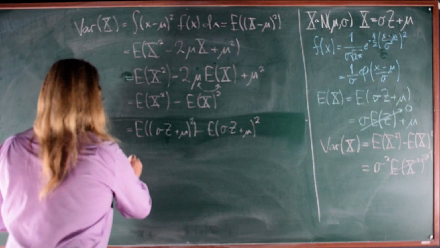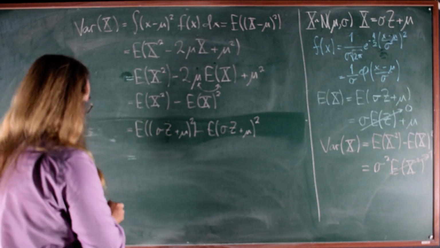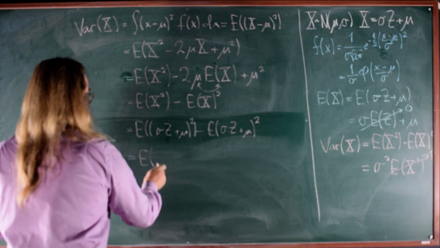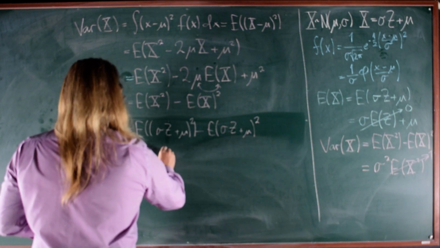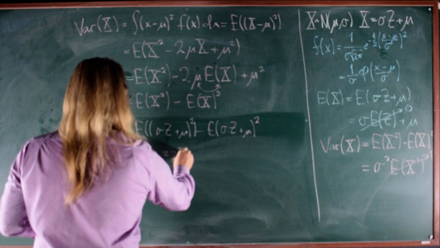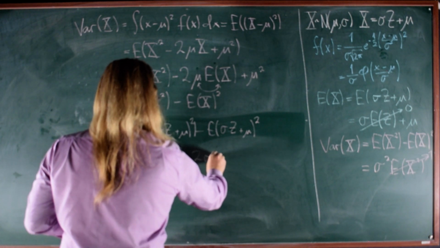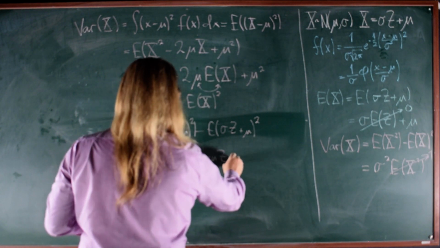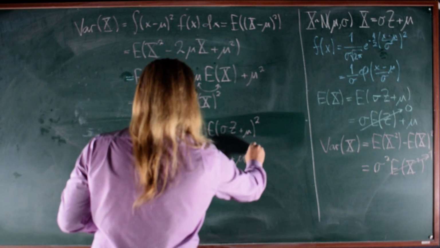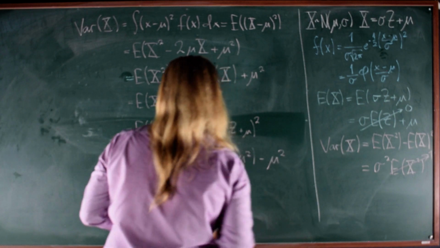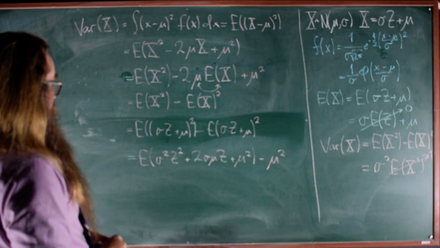All right. So again, we have this green result partially, and then we have the same expansion as we did previously. So this is the expected value of sigma squared z squared plus 2 sigma mu z minus mu squared. I may be doing this way more complicated than necessary, but I'm just going to do it anyway.